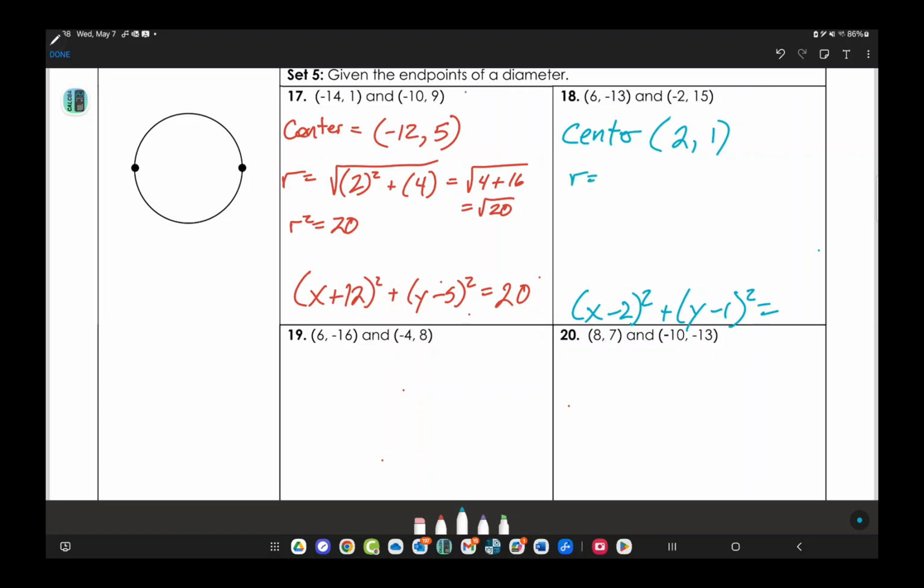My radius is the distance between my center and one endpoint. Okay. Between 6 and 2, that distance is 4. Between, let's say, 15 and 1, that's 14.